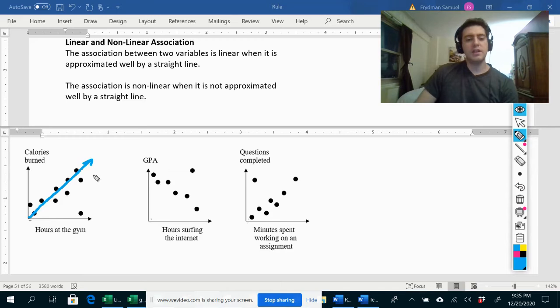We can see that these dots over here are approximated pretty well by this straight line that I drew for the 10th time. So all of these scatter plots would have a linear association, because if we just ignore the outliers, then a straight line seems to give a good approximation of the trend that we see. But let's take a look at a scatter plot where a straight line would not give us a very good approximation.